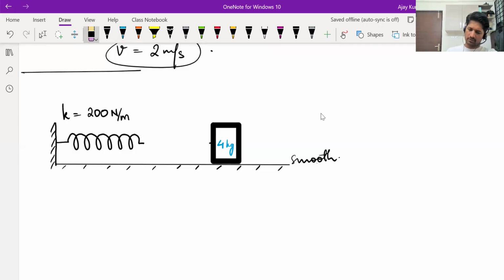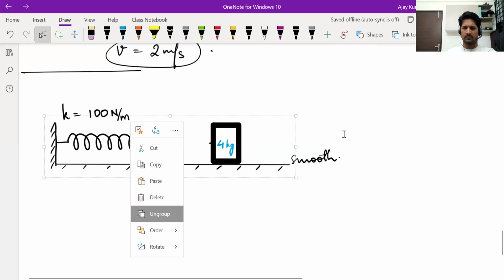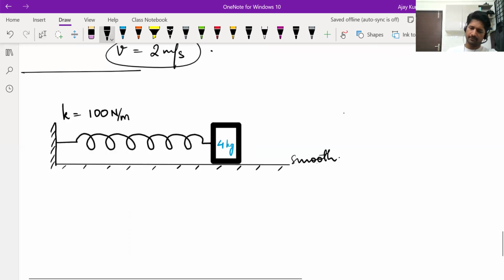Assume the mass of the block is 4 kg. Spring constant this time is only 100 Newton per meter. Spring is initially elongated.